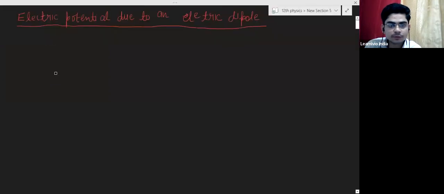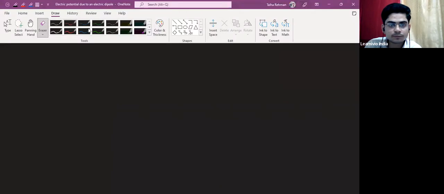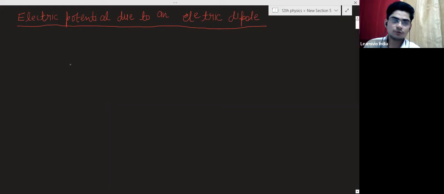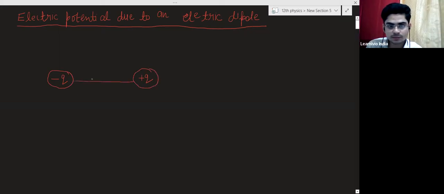So suppose this is a minus q charge and this is a plus q charge, and this is the center, as I have told you earlier, and this distance is a and this distance is a.